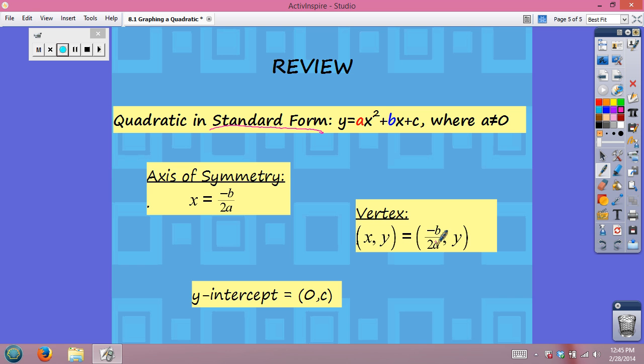So our x value is the same formula we use to find our axis of symmetry. And the last thing that we want to remember is we have another easy point that we can plot, and it's the y-intercept because it's just our c value. So we have an extra point at 0, c. And that will conclude this lesson.